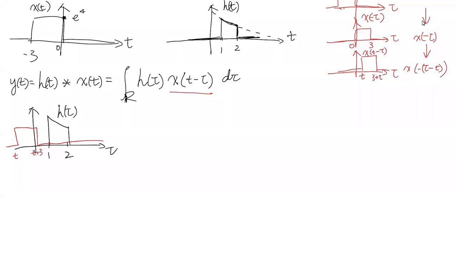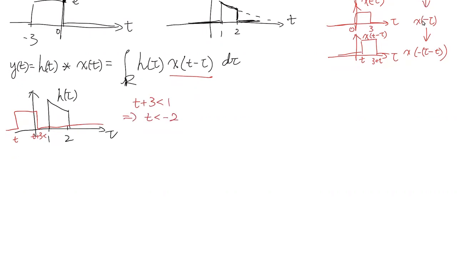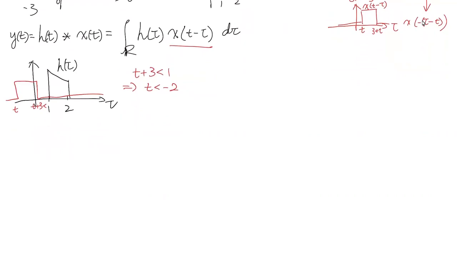And in this case, we have no overlap. So this is the first scenario, where t plus 3 is less than 1, which leads to t less than, right? Doing this problem, I will do it completely for each subinterval, and then continue one by one for those intervals. So the steps will be different from how I do it for the last one.